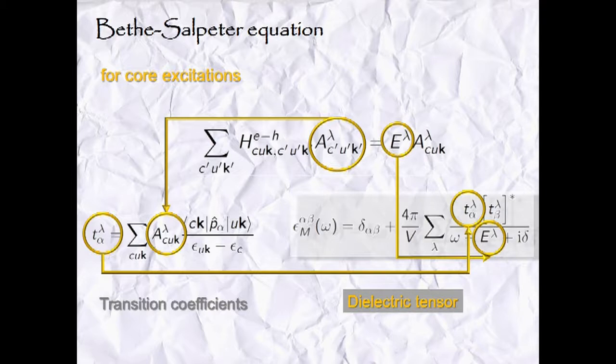So again, if the coupling is very small, then these excitation energies are very similar to the distances between two bands. If the coupling is strong, you would see some peak shifts. And I'll explain this to you later on when I show you some examples, just to make sure how we would see the effect of electron-hole Coulomb interaction in a spectrum.